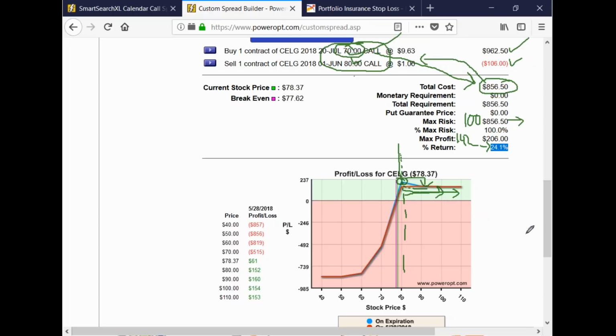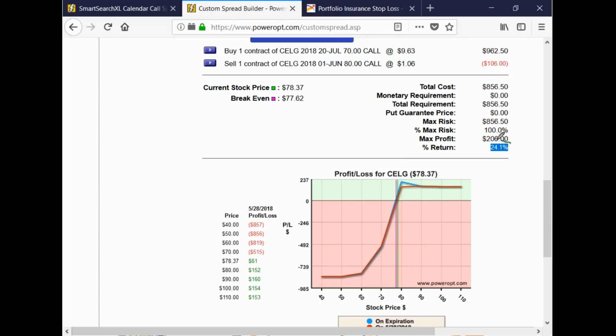Brings up a subtle question. How am I showing a profit of 24% if I get assigned on the first cycle and I only get $10 back? This was $8.56, so my profit's $1.42. Where is this $2.06 coming from?